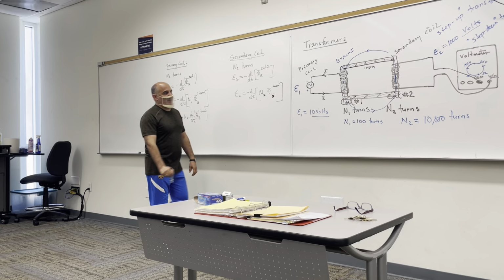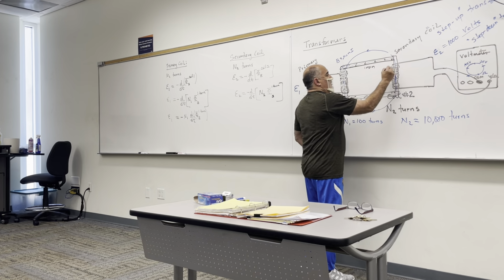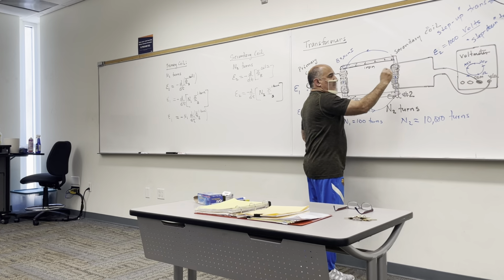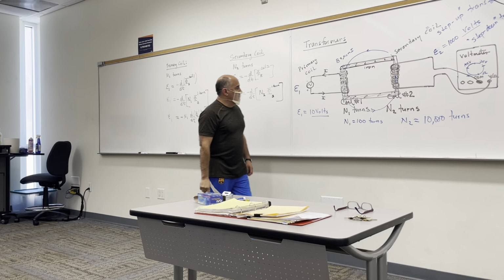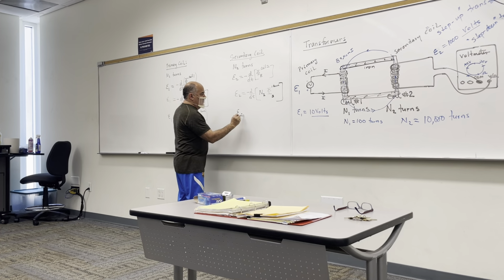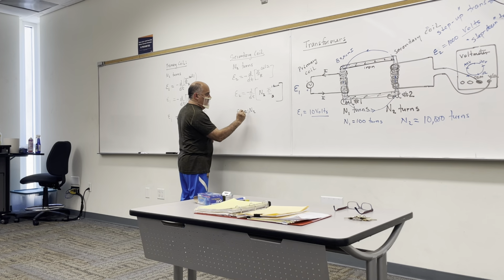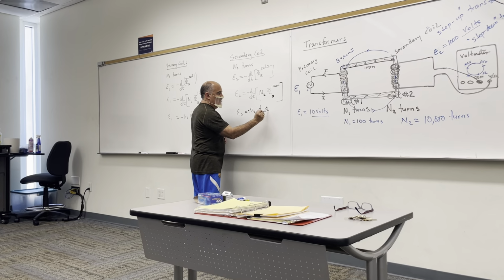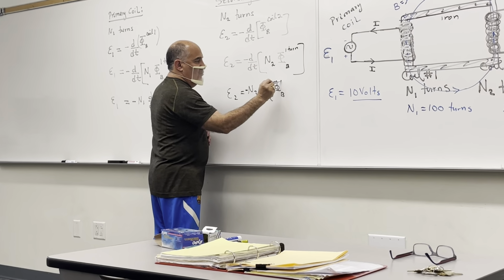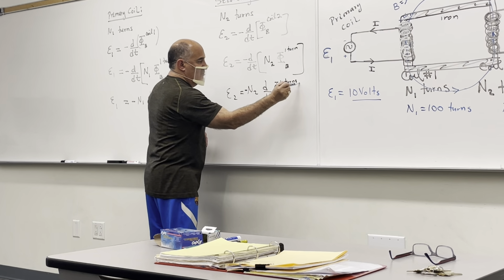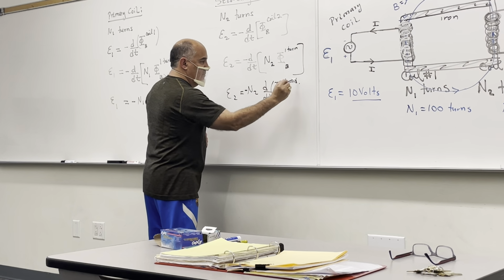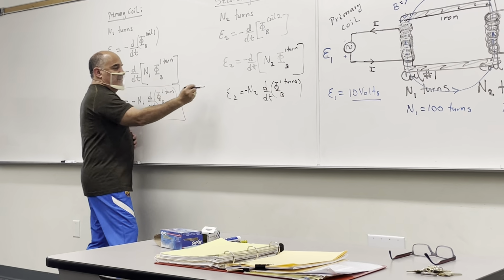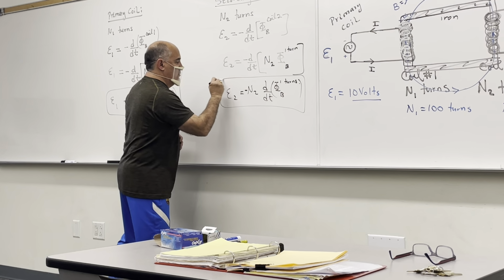Yes, the total magnetic flux through this coil will be the magnetic flux through one turn multiplied by the number of turns. So this E2 equals minus N2 d/dt of the magnetic flux through one of those turns. So you have this for coil number 1, and you have this for coil number 2.